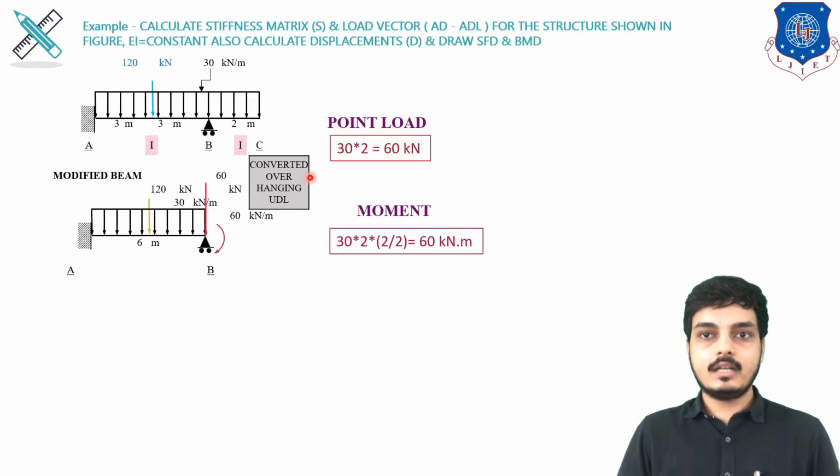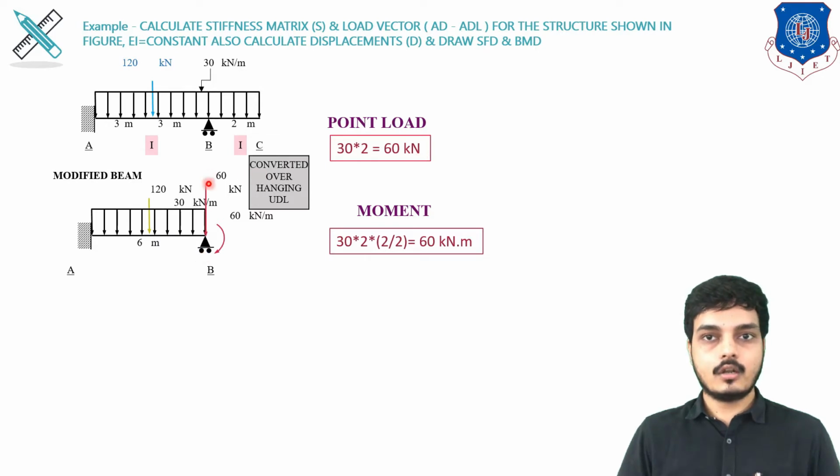Here I have written converted overhanging UDL, meaning only the UDL loading of 30 kN per meter with a length of 2 meter is given. Now you can see this point load and moment have been created. How did this point load come? To convert UDL into point load, we multiply load into distance, which is 30 into 2, 60 kN.